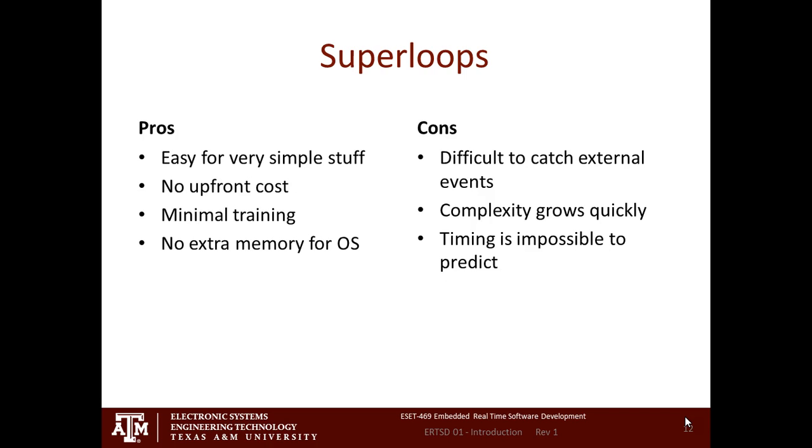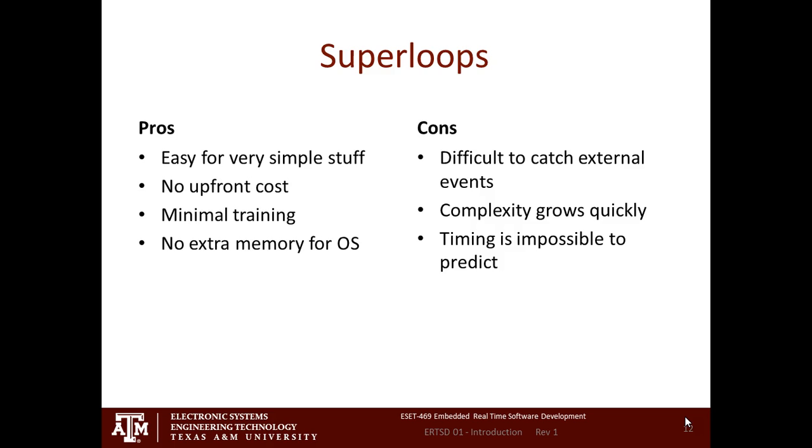But you're also going to go off and do something that takes a few hundred milliseconds. It's entirely possible that by the time you get around to checking the serial port, not the character that you were looking for, but the character after the one that you're looking for is what's in the register, and now you're screwed because you didn't know what happened. You missed it. So that's one of the problems with a super loop, is that you can't really control that.